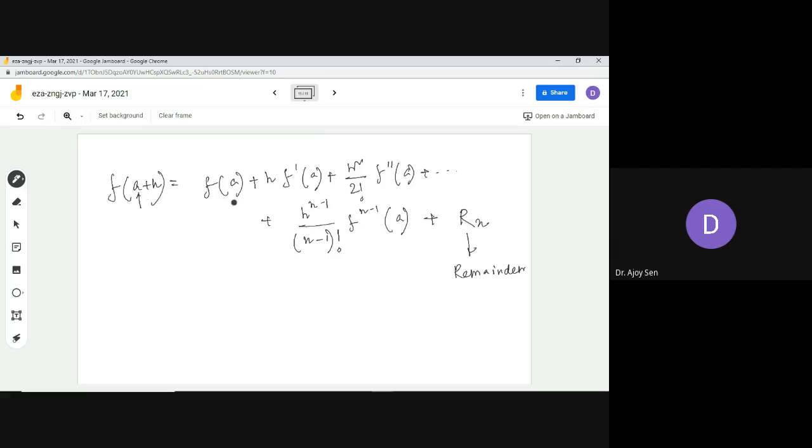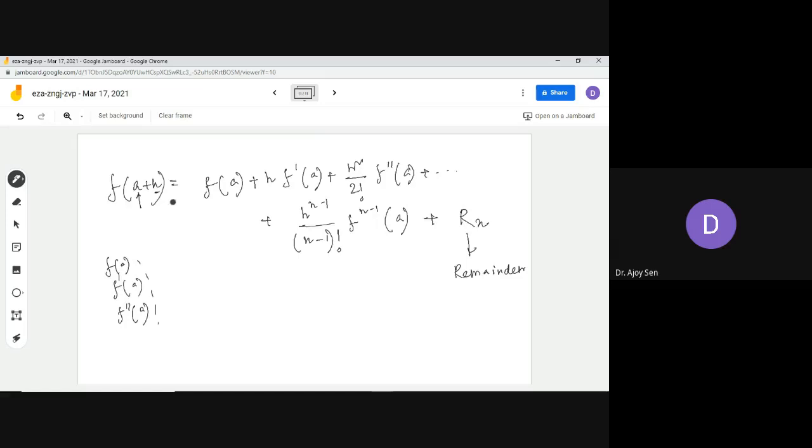You are taking the derivative and the functional value at that point. You see, f at x equals a: f a, f dash a, f double dash a. All these derivative values you need, because you have to have them for this polynomial, and you are considering the functional value at a plus h.